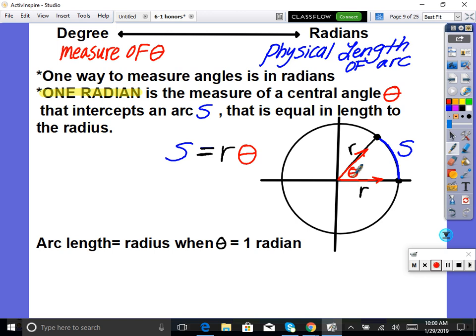Now what's the radian? Well, a radian is literally this. Everybody, listen to what a radian is. A radian is just the actual physical length of the arc that is created when opening up an angle. So do you see the length from here to here? The physical length of the arc is what is the radian. So we have an angle that opens up and it creates an arc with physical length.